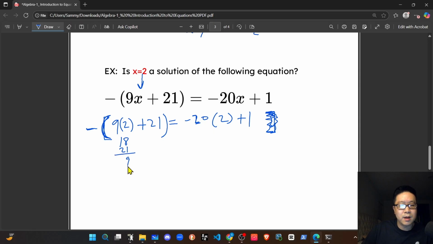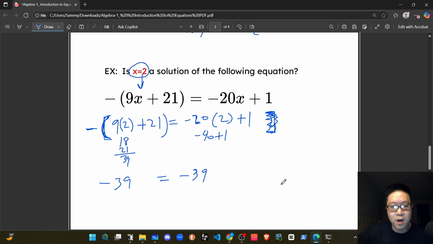Okay, that's 39. So on the left side, we're going to get negative 39. And on the right side, well, negative 20 times 2 is negative 40. Negative 40 plus 1 is going to be negative 39. So negative 39 does equal negative 39. Therefore, we have a true equation. And x equals 2 is, in fact, a solution of this equation.